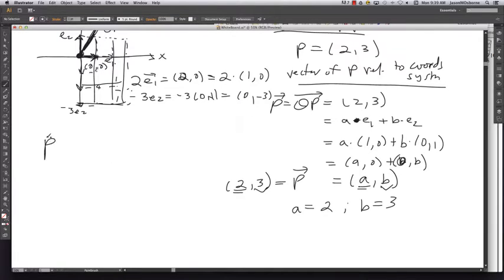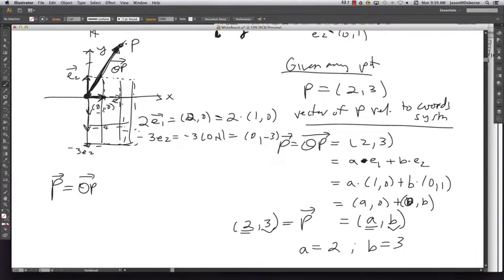So this says that if you want to go from the origin to that point P, if you could go straight there, you should follow this vector P. But if you can't go straight there and you must break it into a series of steps, you should go 2 times E1 plus 3 times E2.